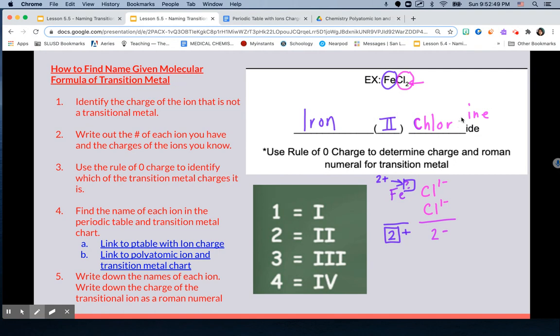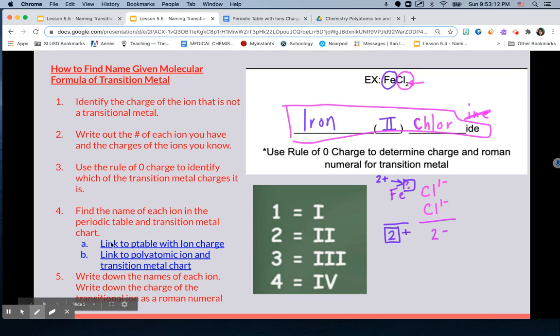So normally it's chlorine, but remember to show that iron and chlorine are a couple, they're bonded together, I need to drop the ene and change it to ide. So iron 2 chloride is my formula.